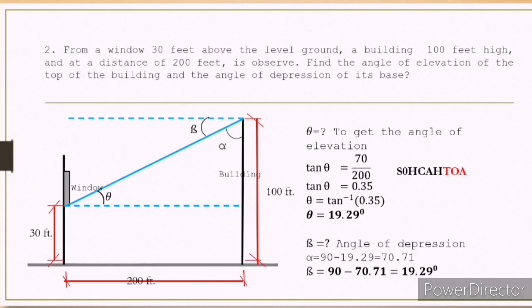Theta is equal to inverse tan of 0.35. So theta is equal to 19.29 degrees. So our angle of elevation is 19.29 degrees.